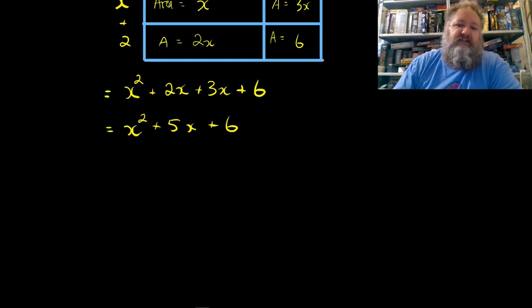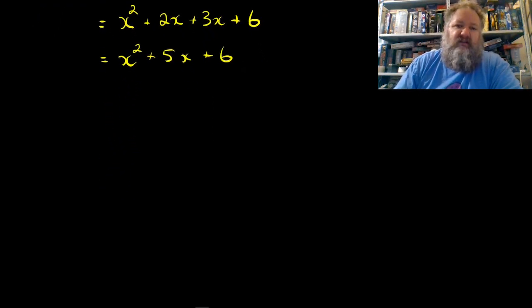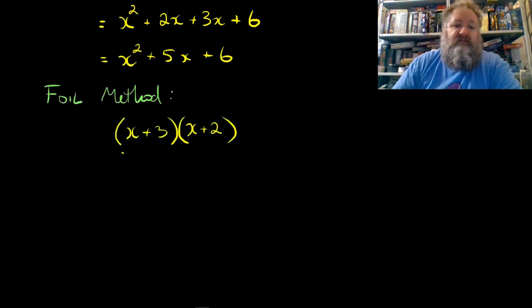I have suggested in the past that the area method is a slow way of doing it, and you're better off doing it with the FOIL method. The FOIL method obviously is much quicker and it's easier. You don't have to draw as much. You would multiply the firsts together. That's the F for first.